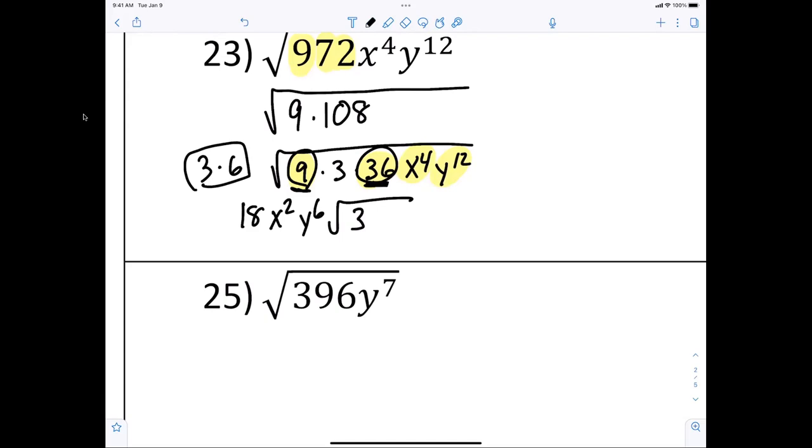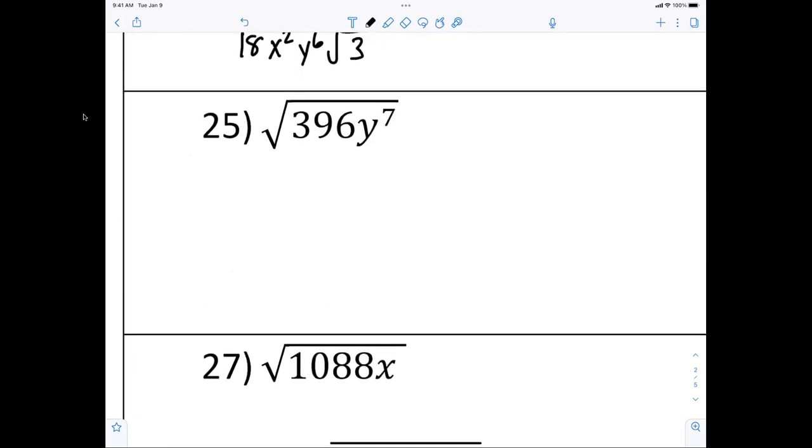Come on, next one. All right, Jackson. 396. Uh-huh. Now, just to make sure, let's practice. 3 plus 9 plus 6 is 18, right? Yep. So I know it's divisible by 9. If you add the digits and they can be divided by 9. Now, we don't need a calculator for that.